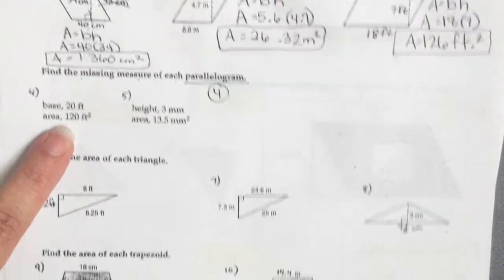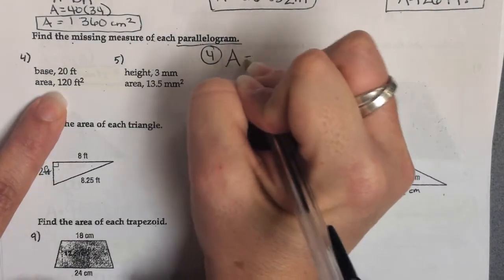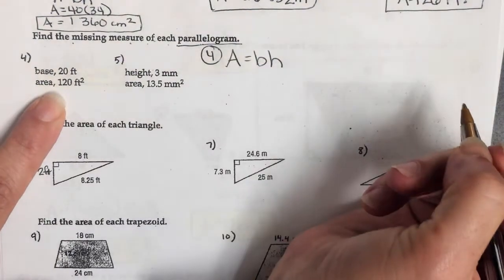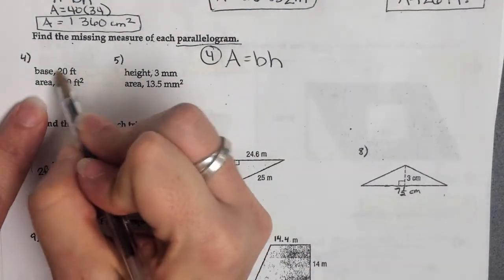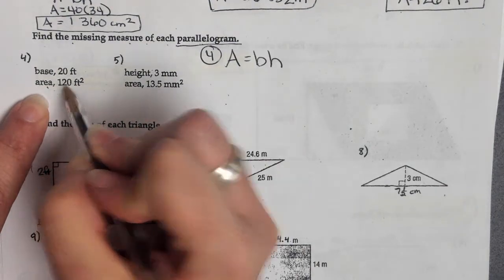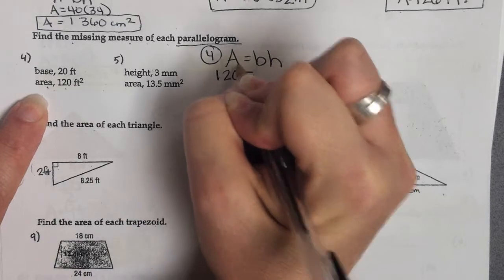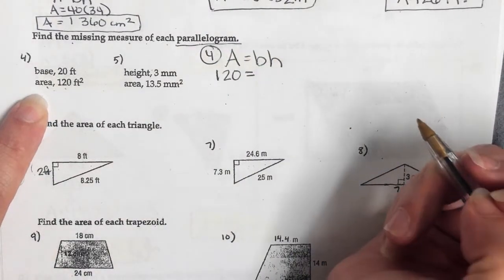Think about the formula for area of a parallelogram. Base times height. Look at what they give you, guys. They gave me an area of 120.